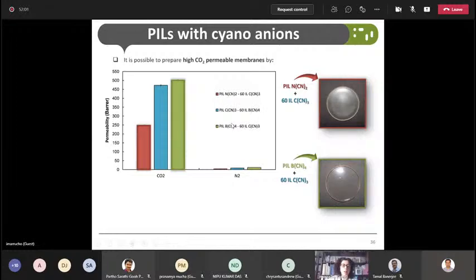As you can see here, I have this polymeric ionic liquid, but I cannot put 60% of ionic liquid inside of it, but I can put 60% of 3-cyanomethane. So sometimes these cyano groups are very difficult to work with due to the geometry of the anion, which is not very flexible, it is very stiff.